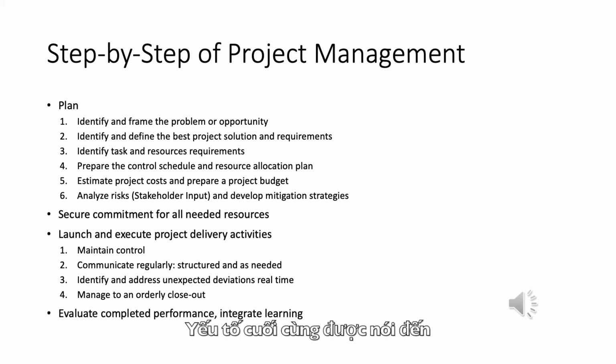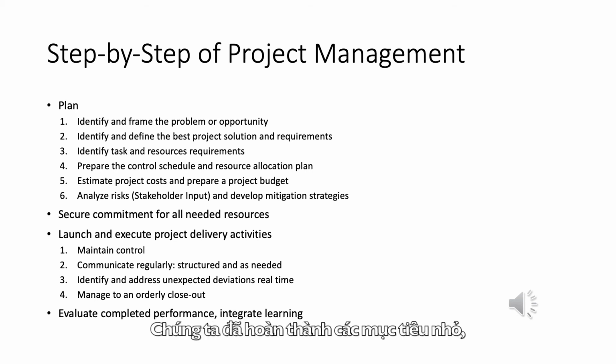The final item we have on this slide that describes basically project management from a very high level perspective is that we need to finally evaluate the performance of the whole project. We want to look at each and every task carefully and determine how well we performed against our expectations, against our original plan.